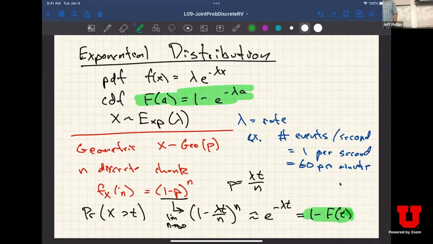So I'm doing 1 minus 1 minus, and I get back e to the minus gamma t. As the resolution of my chunk gets smaller and smaller, it's like taking an integral of a continuous distribution, but at discrete intervals of smaller and smaller chunks. So this is converging to the exponential distribution.